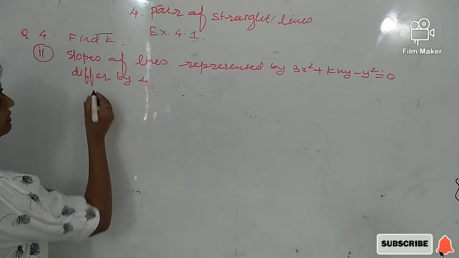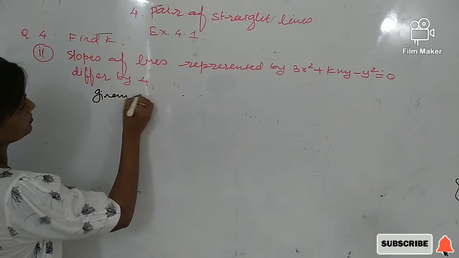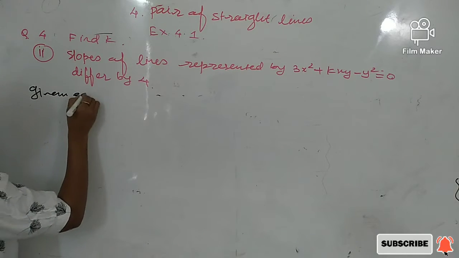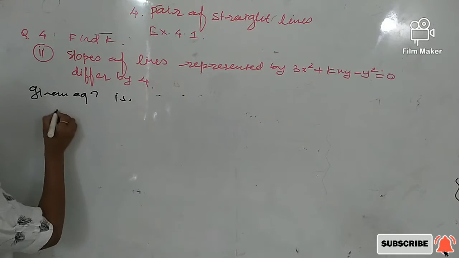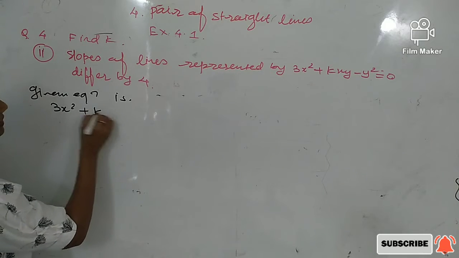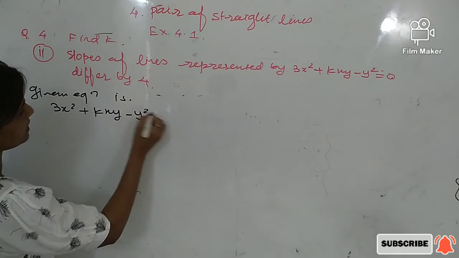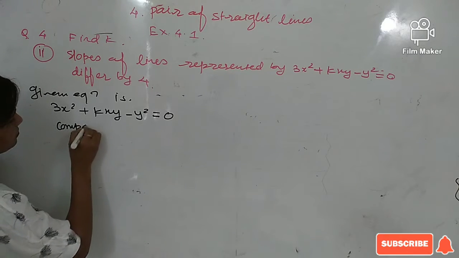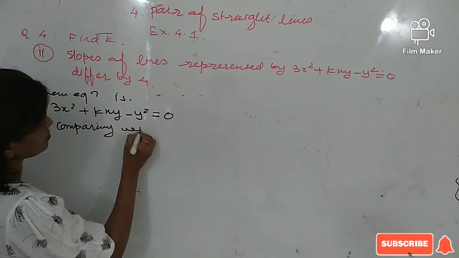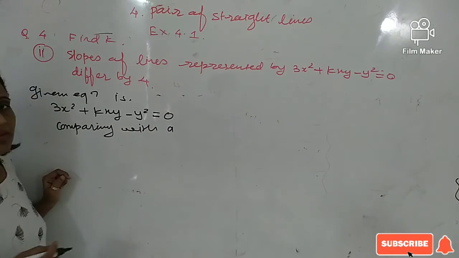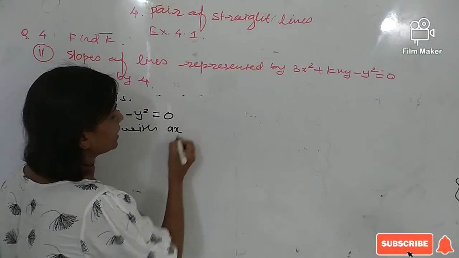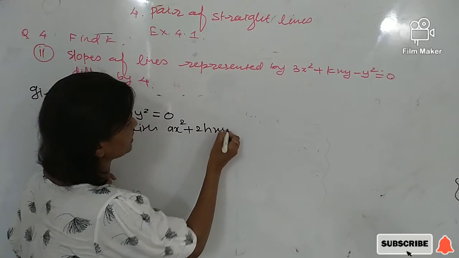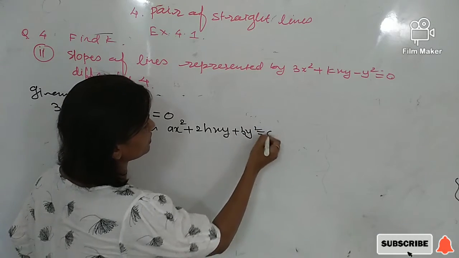So again starting from the given equation, 3x square plus kxy minus y square is equal to 0. And the next step is comparing with the standard joint equation or combined equation of pair of lines, ax square plus 2hxy plus by square equal to 0.